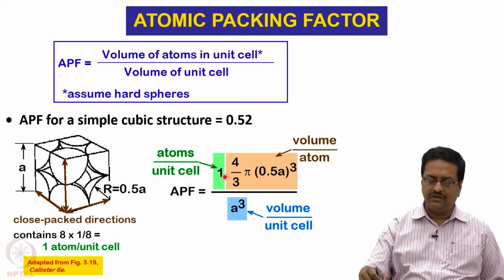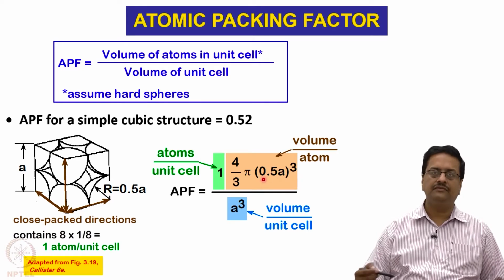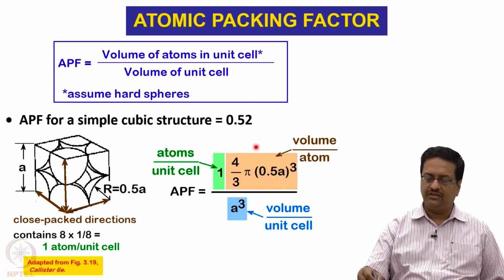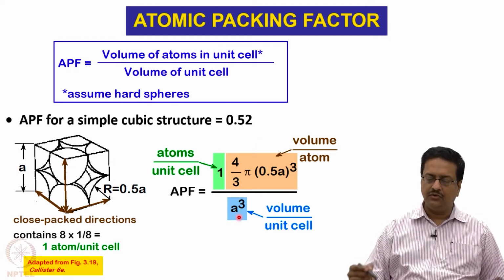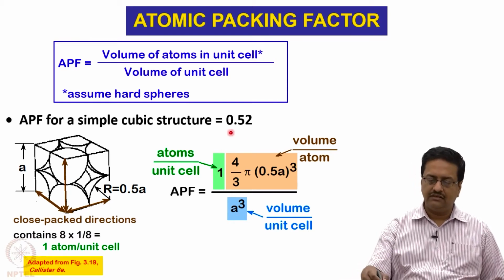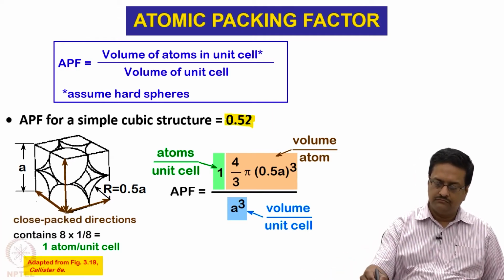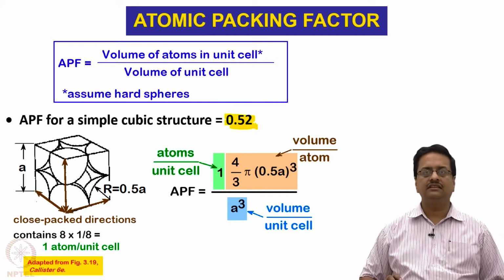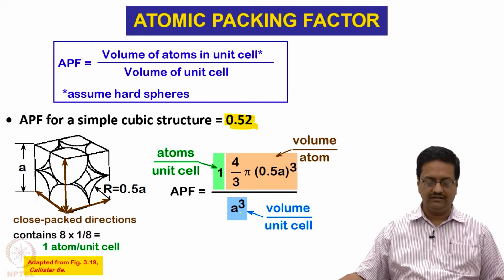So number of atoms per unit cell is 1, and the volume of that atom is 4/3 pi r cube. R is half of a, so 4/3 pi r cube is the volume occupied by those atoms, and the volume occupied by the unit cell is a cube. So the result turns out to be just 0.52, which means in case of simple cubic there are lots of void space in the lattice.